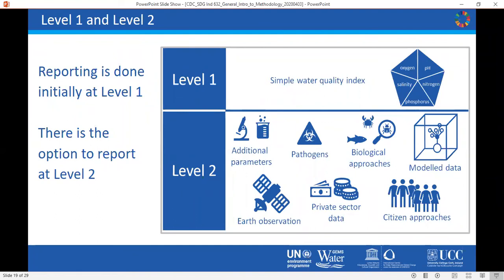It may include outputs or approaches to water quality monitoring, such as earth observation, monitoring programs that use biological approaches to water quality, and citizen science monitoring programs. But just to reiterate, level 2 is totally unconstrained and is optional. So countries don't have to report at level 2 if they don't want to.